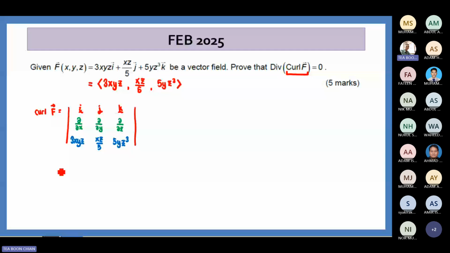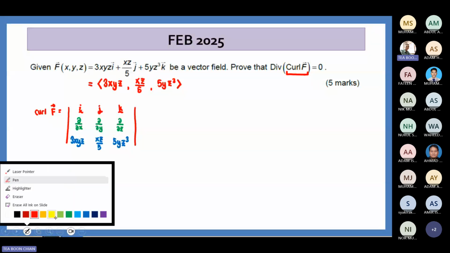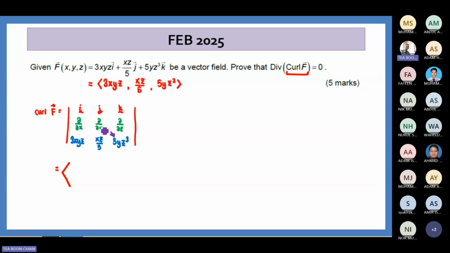By the curl computation in the bracket notation, to compute the i component, differentiate 5yz to the power 3 with respect to y. So I have 5z to the power 3, minus differentiate xz over 5 with respect to z, I have x over 5.